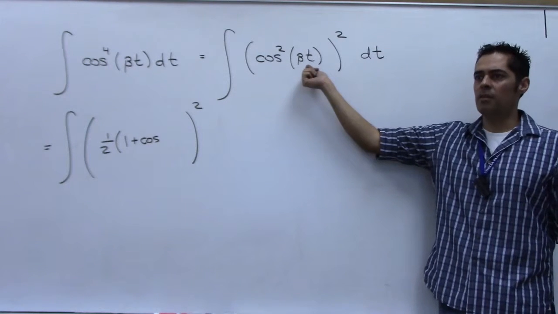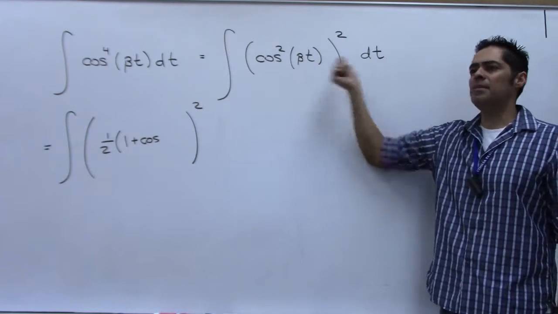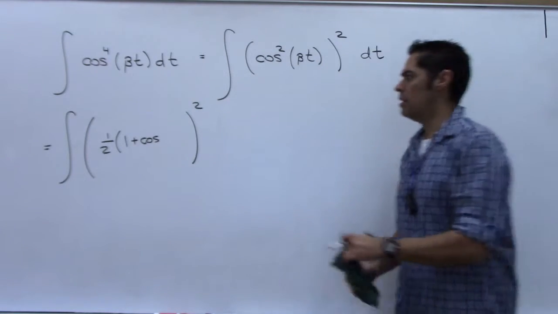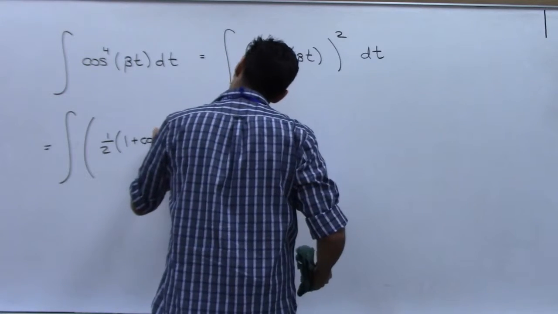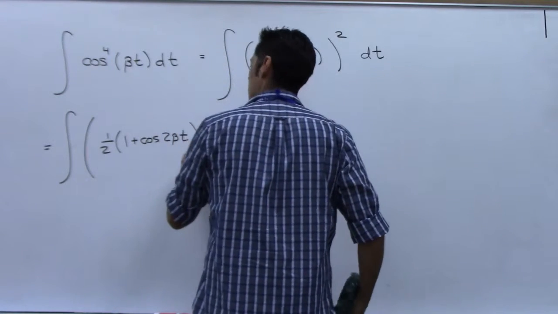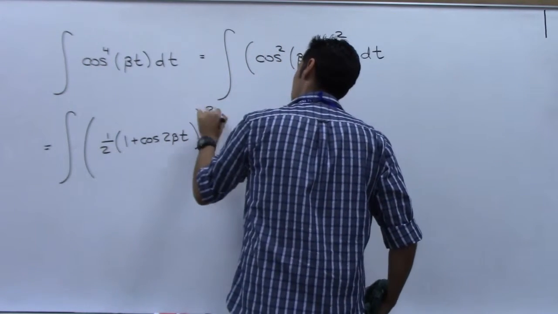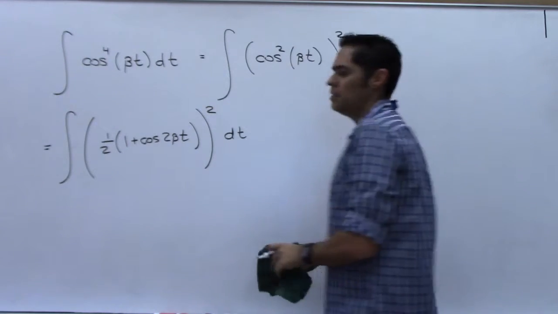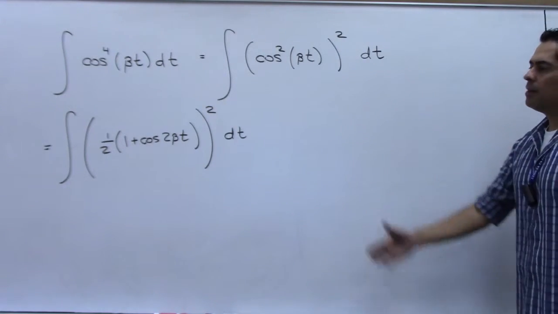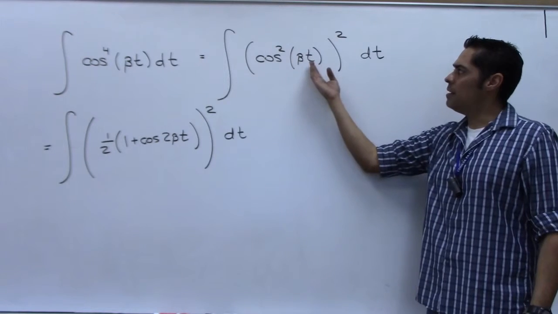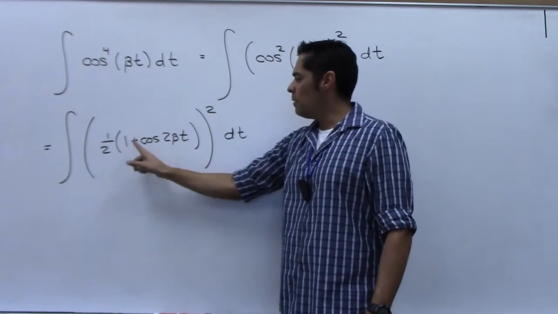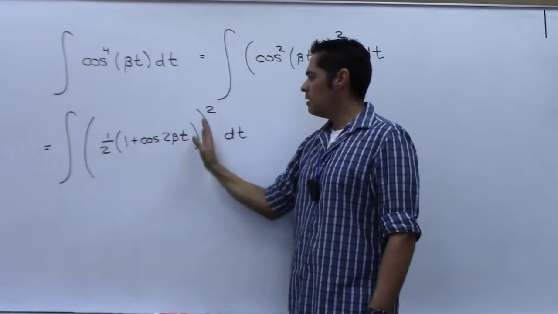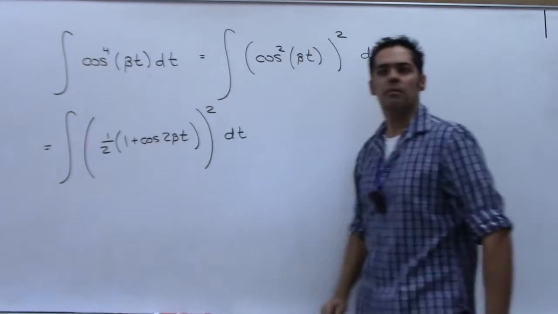Aren't you supposed to double the angle? If the angle is beta t, you have to double it, so 2 beta t, all of that squared dt. All right, let's make sure we understand this. Cosine squared of beta t is equal to 1/2 times, in parentheses, 1 plus cosine of 2 beta t, close it off, all of that squared.